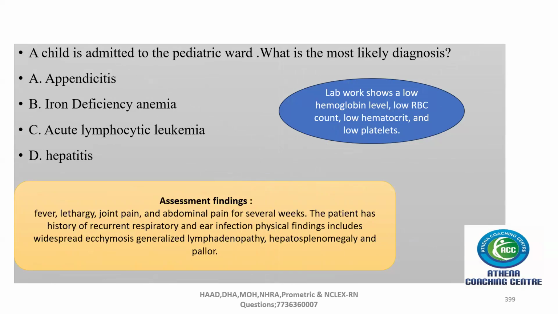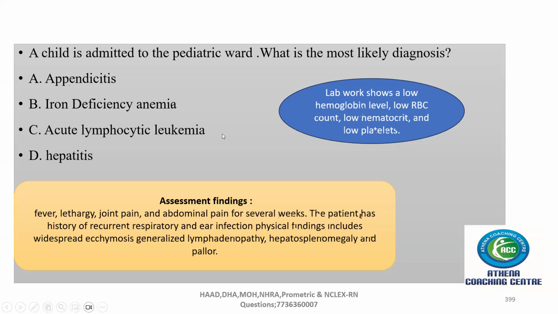And here the patient assessment findings include fever, lethargy, joint pain, abdominal pain for several weeks, and the patient has a history of recurrent respiratory and ear infection. Physical findings include widespread ecchymosis, generalized lymphadenopathy, hepatosplenomegaly, and pallor. And here the lab work shows low hemoglobin, low RBC count, low hematocrit, and low platelet.